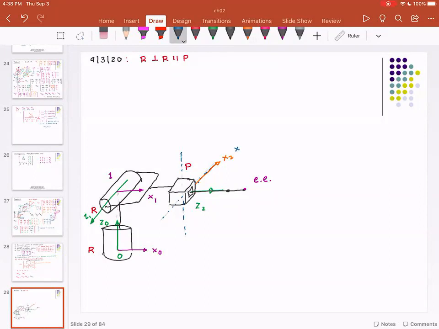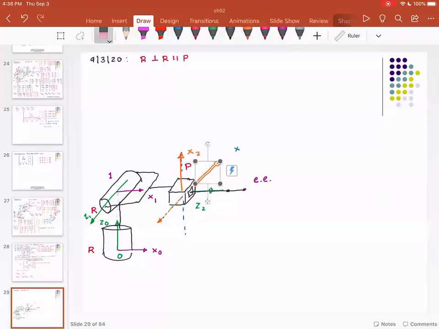Same thing if I decide to have x2 in this direction, that again is not satisfying the four conditions. So what I'm going to do is use x2, just for the sake of discussion, maybe in this direction. Now that solves two cases, but not one.